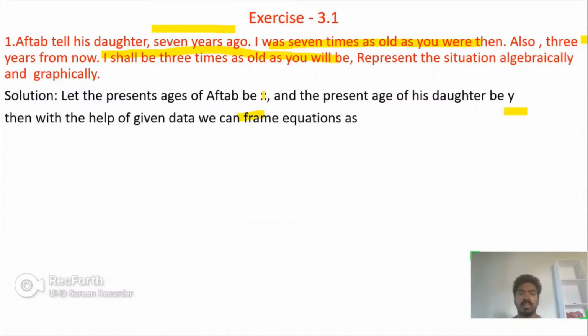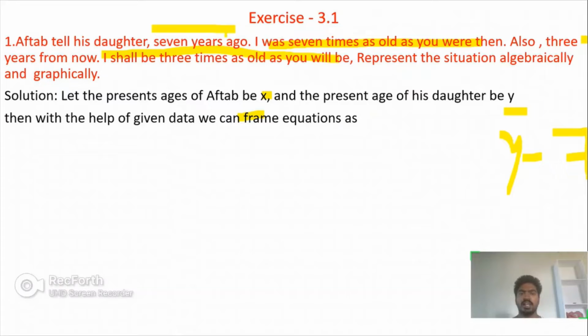So if the present age of Aftab is x, then 7 years before his age will be x minus 7. Then they are saying, 7 years ago I was 7 times as old as you were then. If the present age of his daughter is y, then 7 years before, the age of his daughter will be y minus 7.